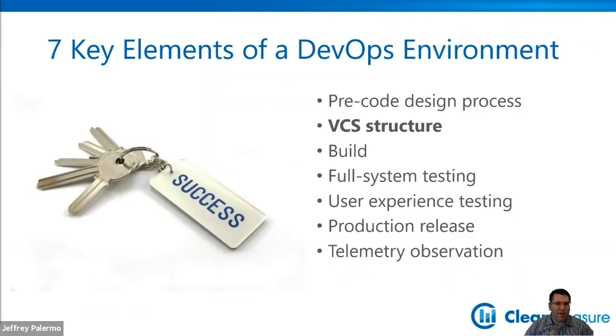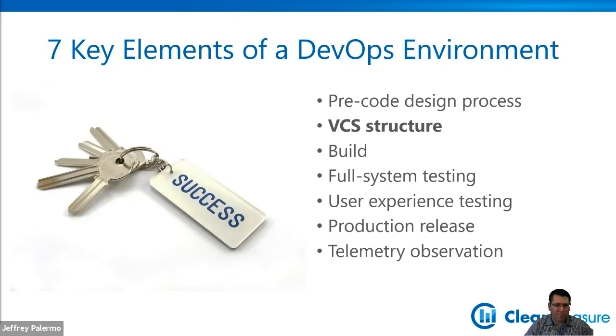Okay. Now, next week's topic, we're going to dive deep into the version control structure. You can make some really bad mistakes when putting together your Git repository and laying down your source code that are going to make the rest of your DevOps pipeline from there just a disaster, and you're constantly going to be compensating for it.